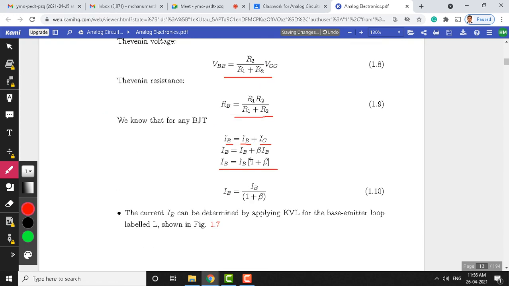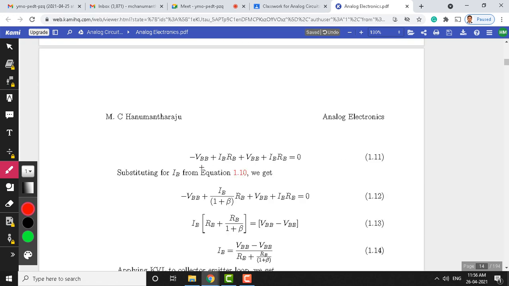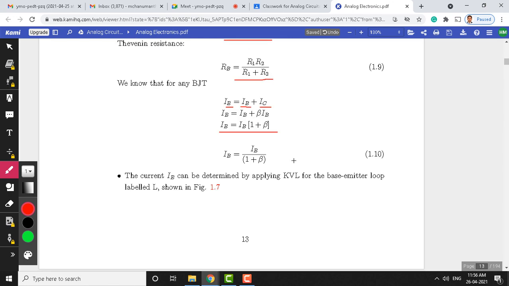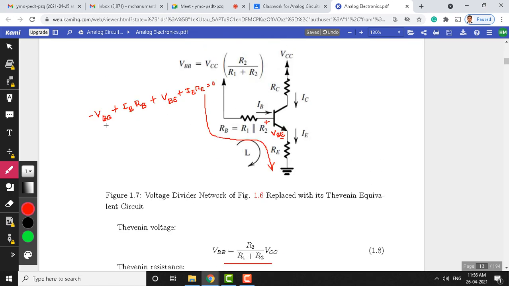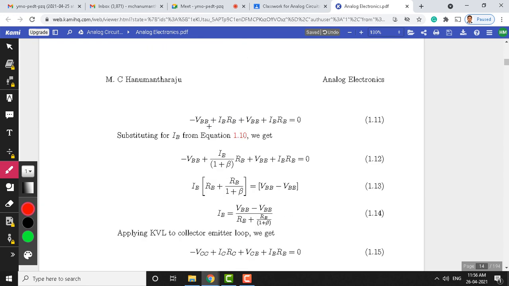This is the same equation we have written here. Totally there are 4 terms, as you can see here also. Now we can simplify this equation.